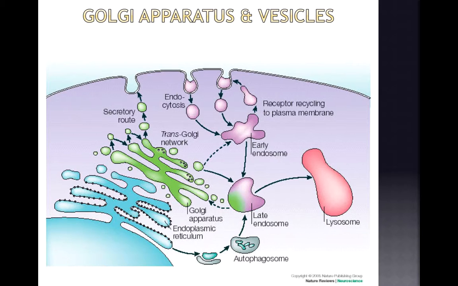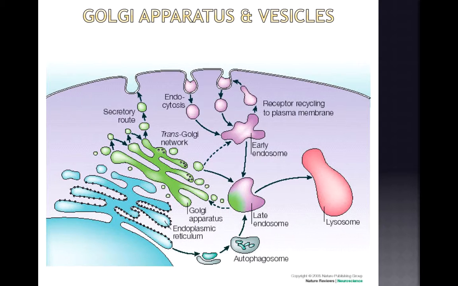So if the lysosome contains proteins, then there are enzymes that unfold the protein and start breaking the peptide bonds of the protein, and then they release the amino acids back into the cytoplasm to be reused in order to rebuild other proteins.